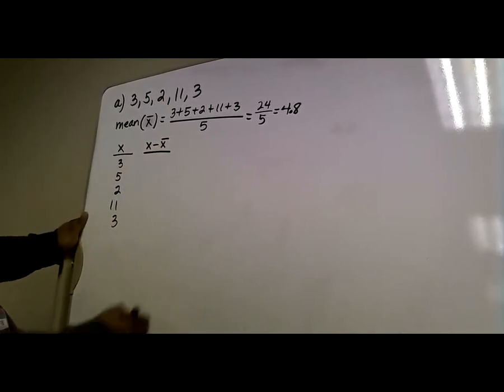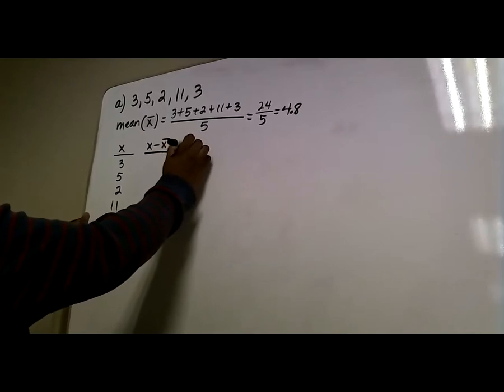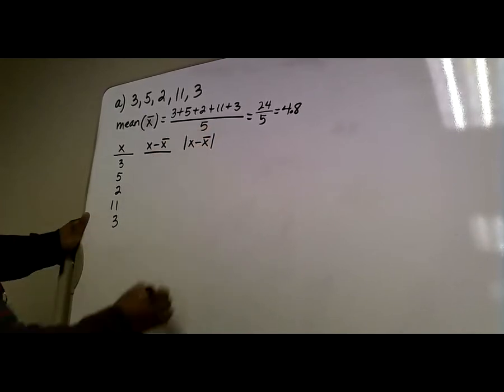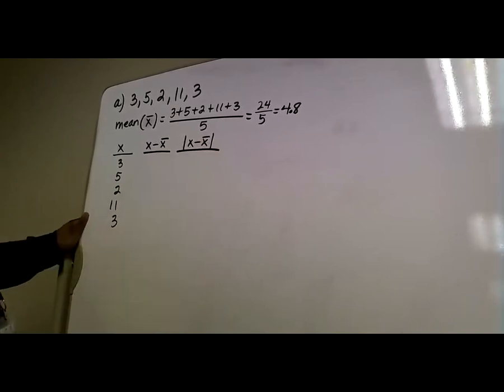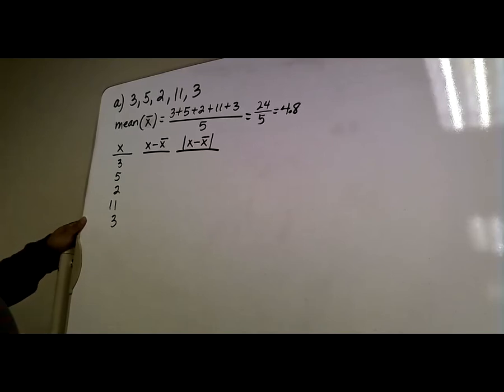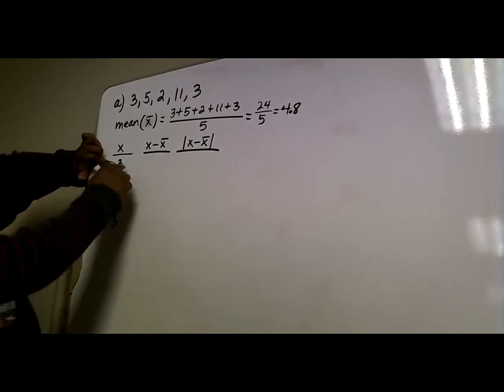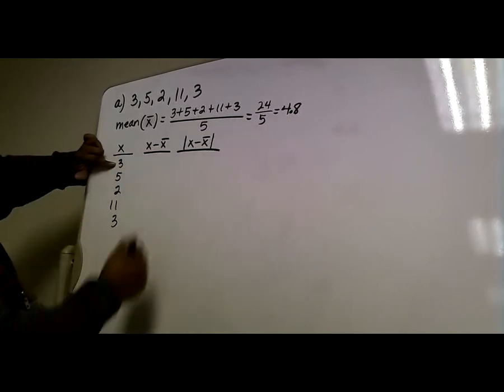Then the next column would be the absolute value of each of those deviations, the absolute value of x minus x bar. Okay. So for 3, what would 3 minus 4.8 be?